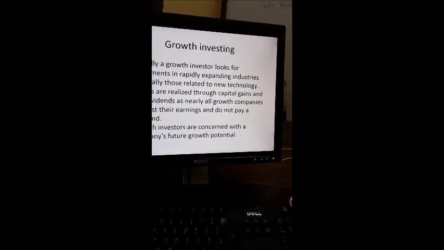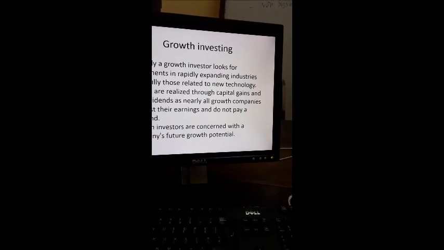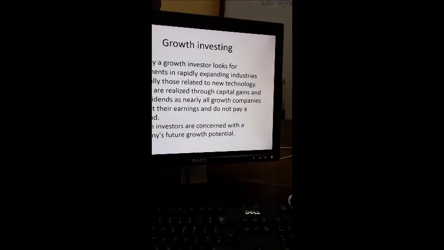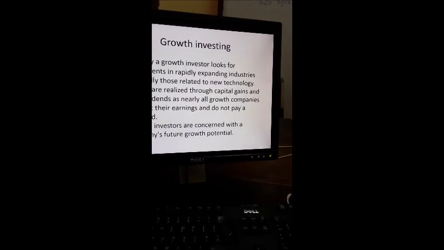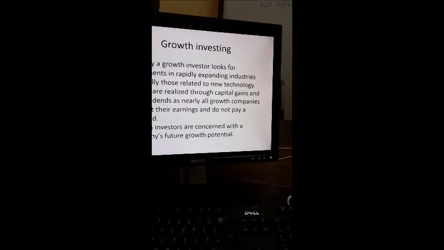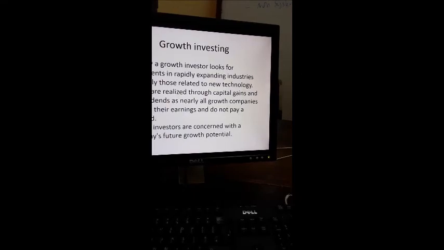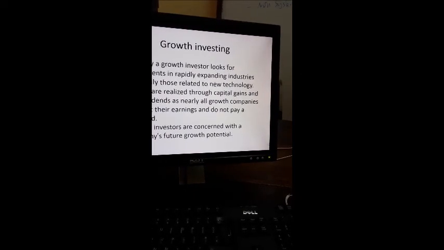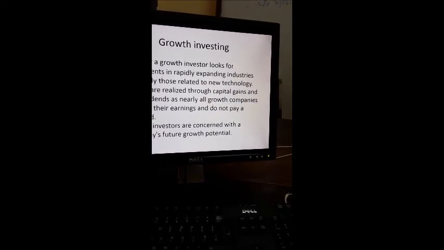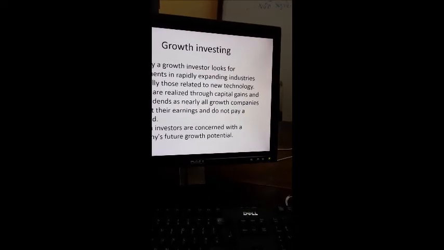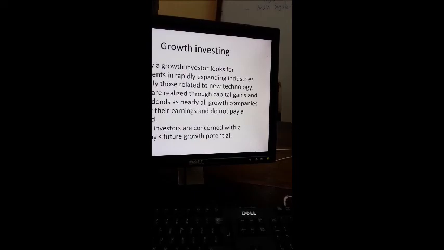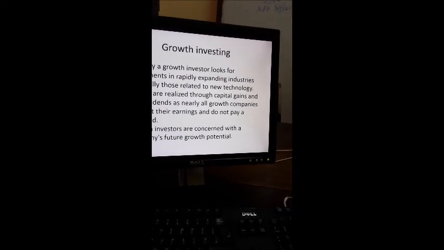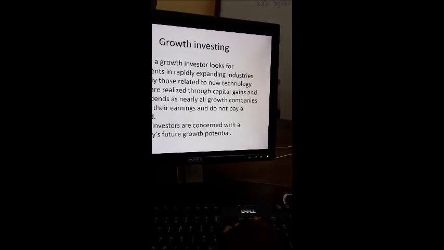So they buy now expecting that in the future the company will be growing, so the price of the company's shares will increase. They'll be in a position to make a profit resulting from capital gain. So they buy now when the price is low, expecting that in the future the price will increase and they'll be in a position to sell and make a profit resulting from capital gain.